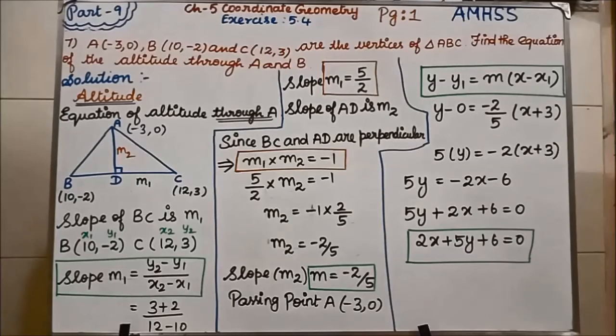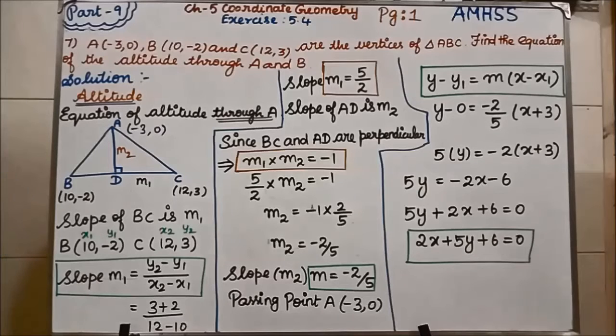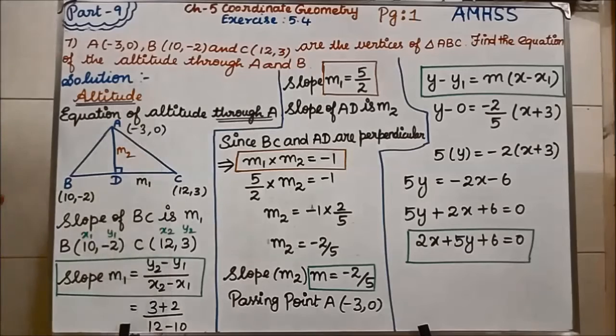That is our perpendicular formula. See here, this line BC is M1, and this AD altitude line is our M2. Clear students? See how I am doing the 7th problem. The same procedure, same steps, we are going to do for the 6th problem as homework. Clear students? Now we'll start the solution.